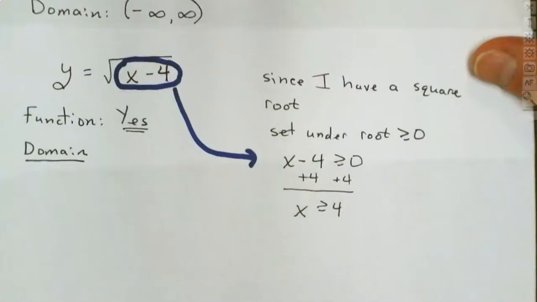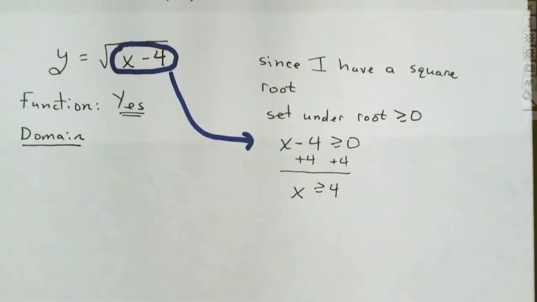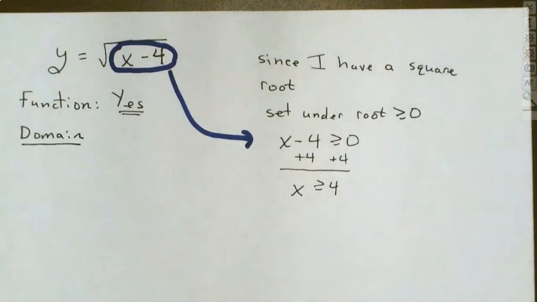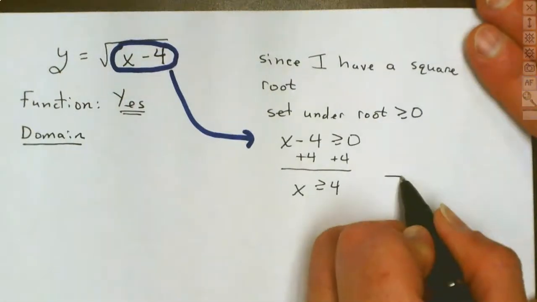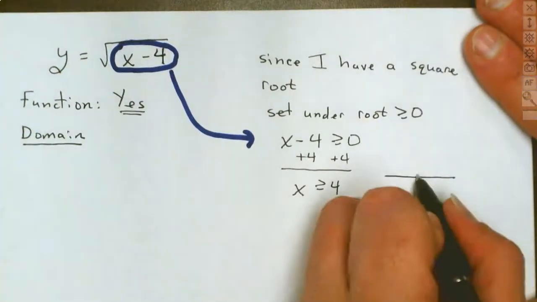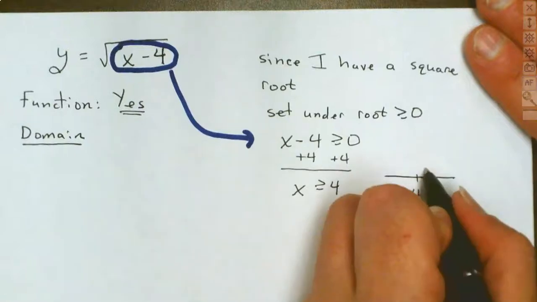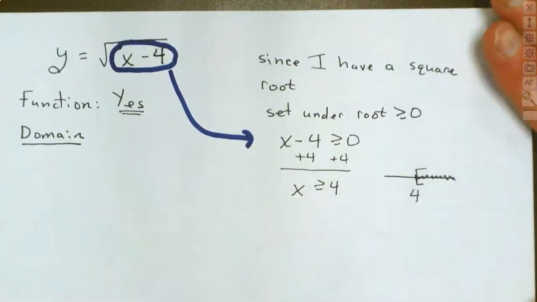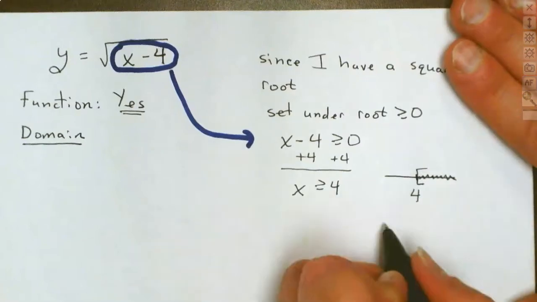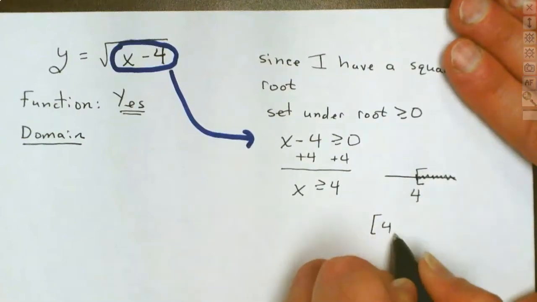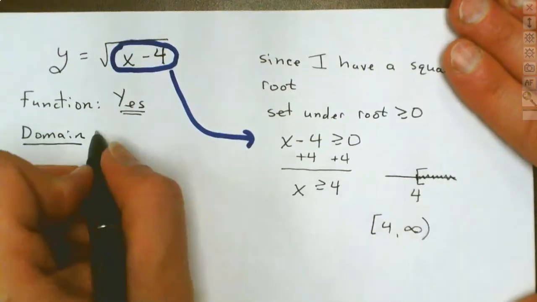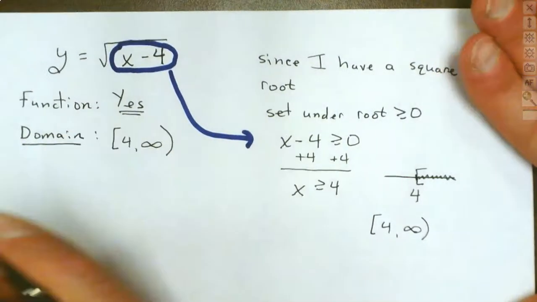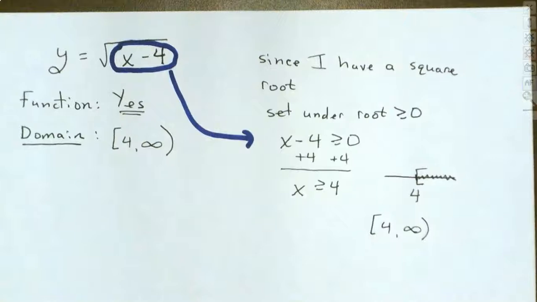Now you can either go directly to interval notation if you're comfortable with that, or just draw a graph quickly and find it. So here's our 4. Square bracket, just going to open out in that direction. And my domain would then be 4 to infinity. It comes directly off the number line, just like we've done in the past.